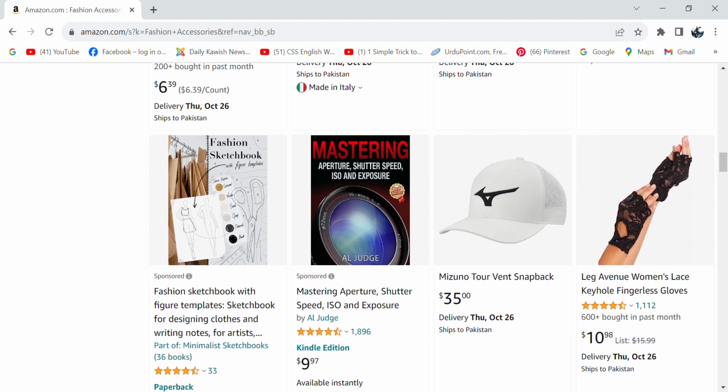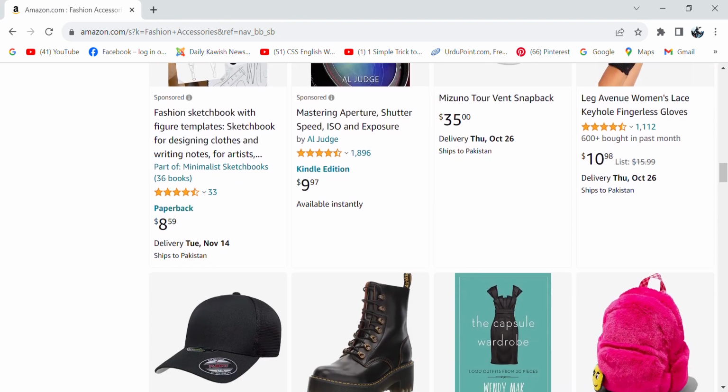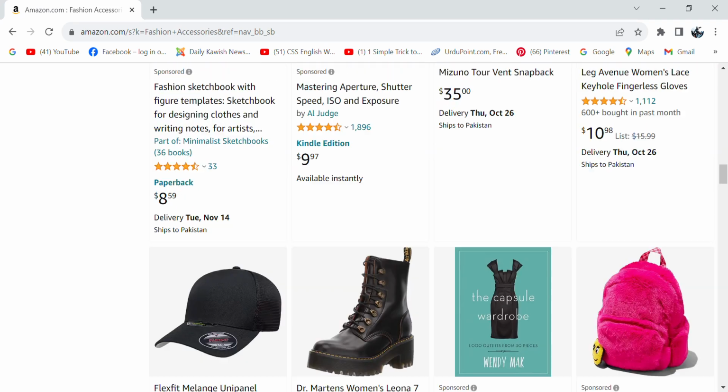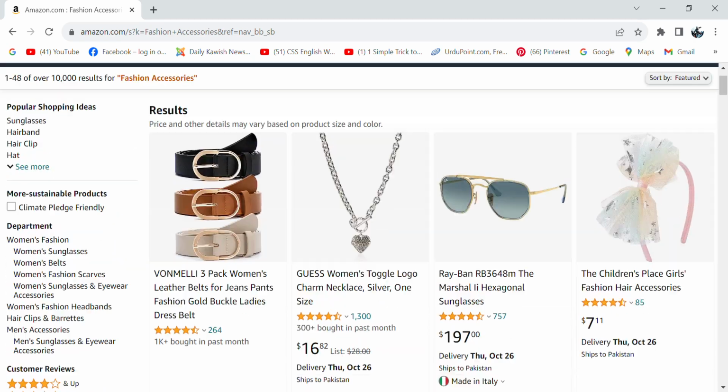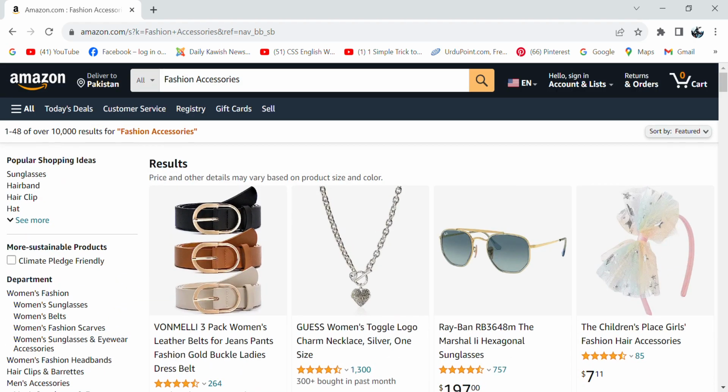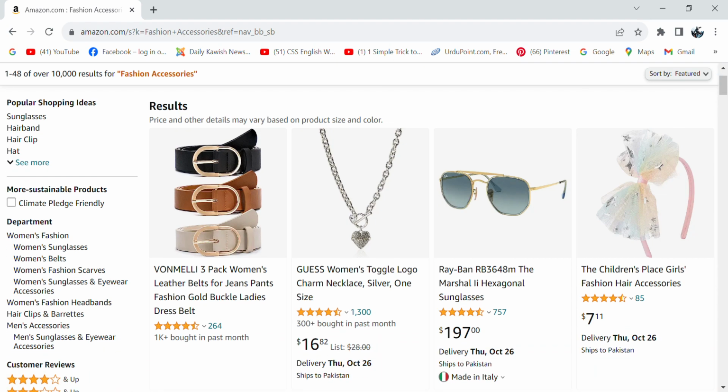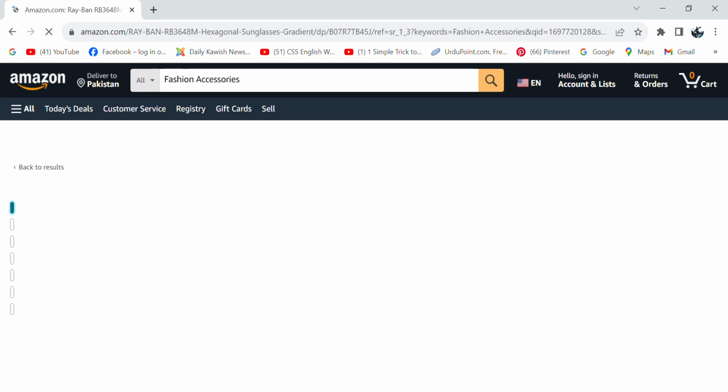So we will check one product from all of these, and we'll get an idea from that, like how much it costs, like how much their cost and profits etc.